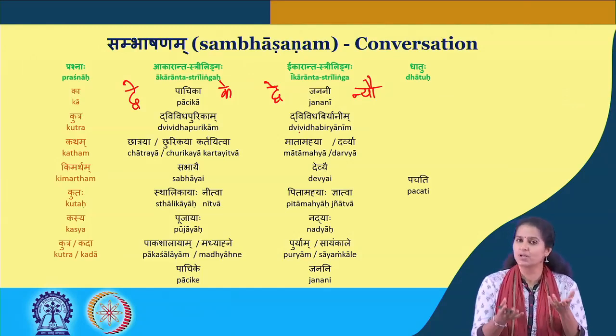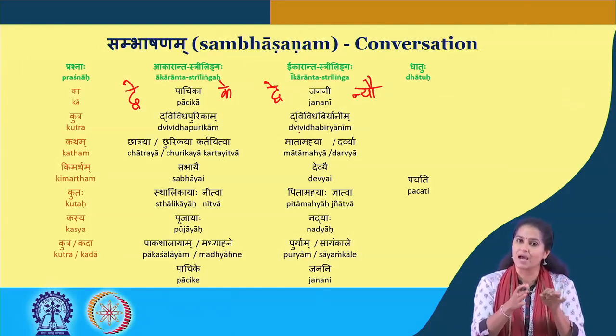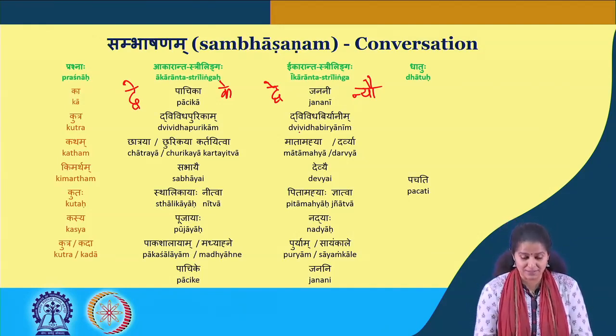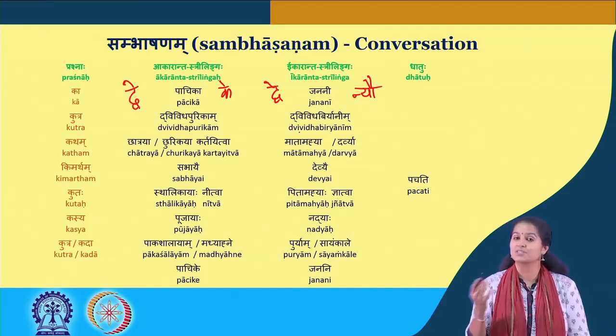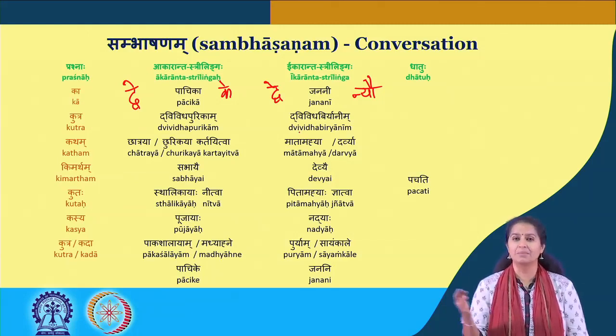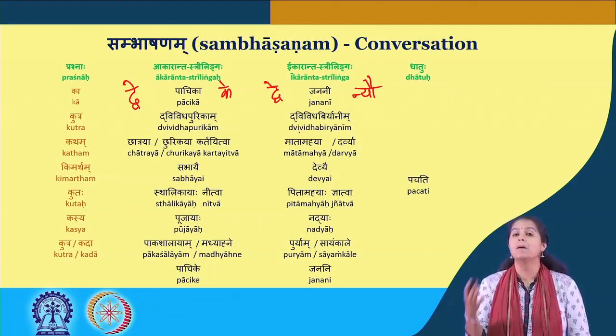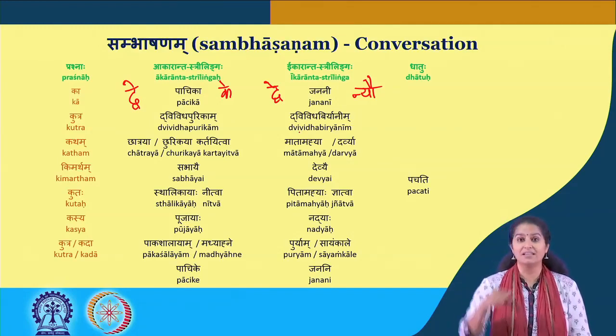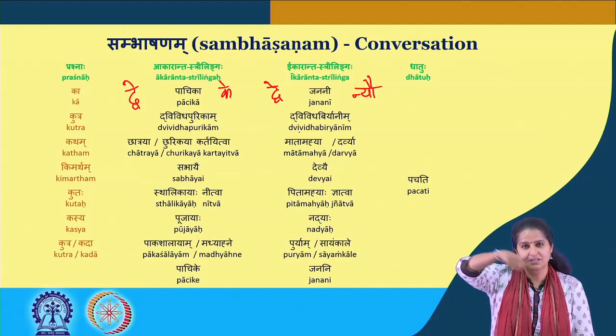Kartayitva, cutting. Churika is a knife. So churikabhyam kartayitva pachatah. And what about the other party? So Mata Mahibhyam. Mata Mahi, grandmothers from the maternal side. Mata Mahibhyam Saha. And Darvi. Darvi is the ladle, the serving spoon.